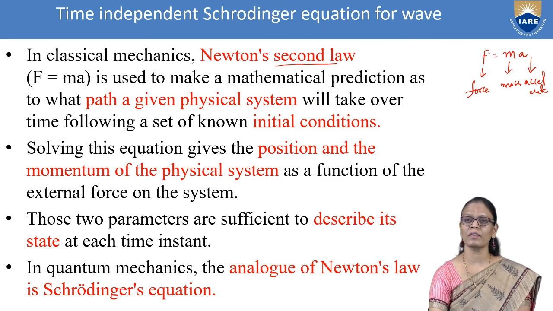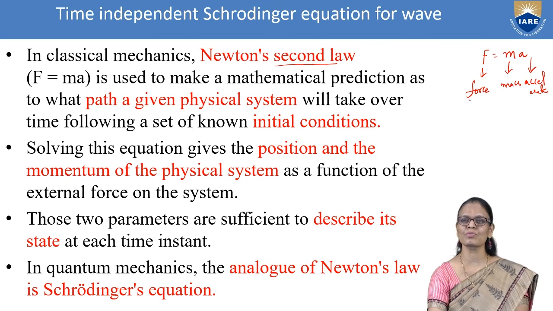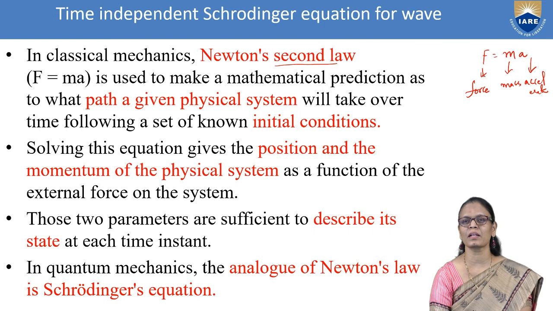So we have been using this equation to trace the path of a particle, or to predict where the particle will be given a set of initial conditions. What is the force applied? What is the mass? Depending upon these two, what will be the acceleration of the particle? So we can predict very easily. Solving this equation will give us the position of the particle.